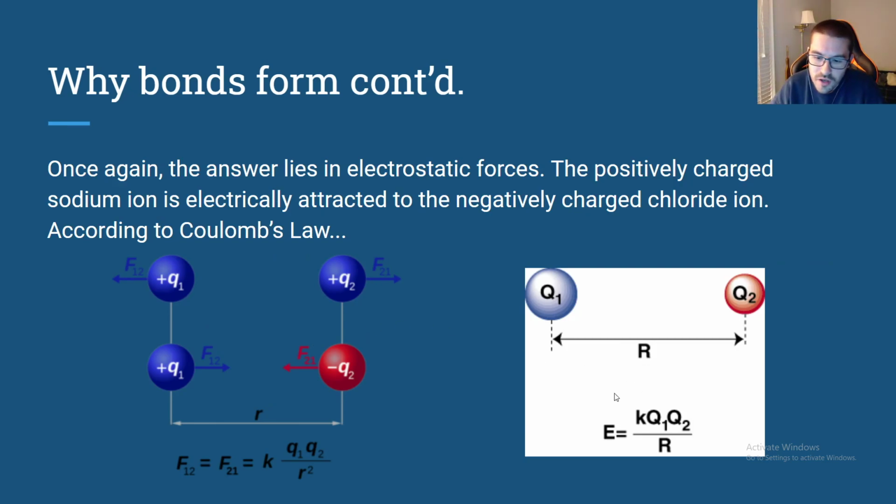You can think of it if you look at this form of Coulomb's law, the energy version. So it's not the force version where you have the r squared in the denominator. It's the energy form: the energy is equal to k times Q1 times Q2 over r. It's essentially the same thing, though. Think about it.